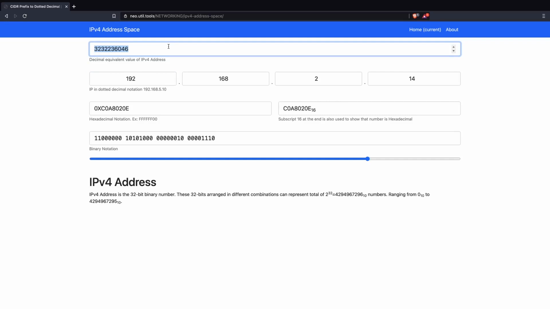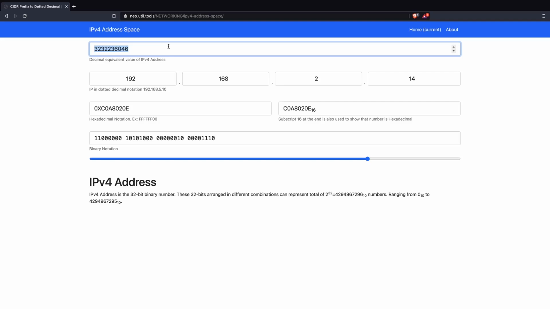We divide that number by 256, and we store the remainders of each division, and we write them in reverse order. And what do we get? We get the IP address in dotted decimal notation. Why are we dividing that by 256? Because dotted decimal notation is a base 256 number system, which contains literals from 0 to 255.